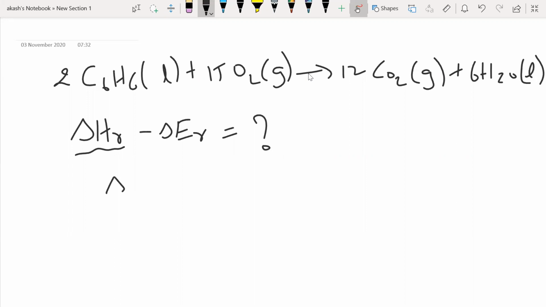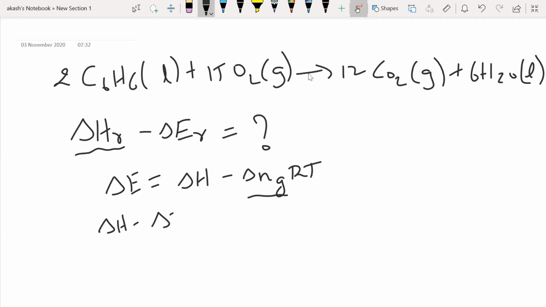If you can remember, delta E is equal to delta H minus delta NG RT. I told you how to find delta NG. So now if I ask you delta H minus delta E, it will be equal to just delta NG RT.